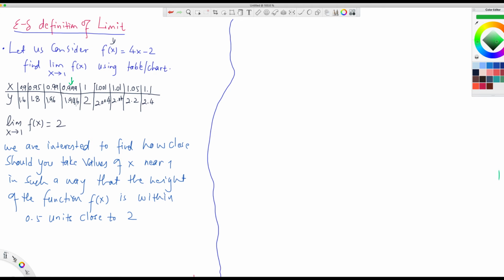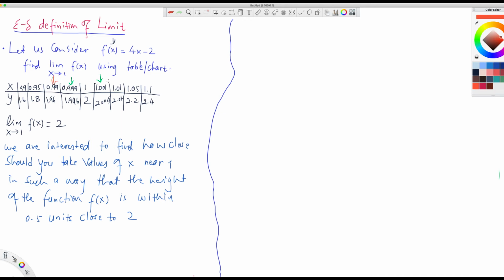It is 0.004, right? If both of these x values are 0.001 unit close to 1, in that case your y values will be 0.004 unit close to 2. You see that? Similarly, if you get 0.01 unit close, this is 0.01 unit close. You see that?